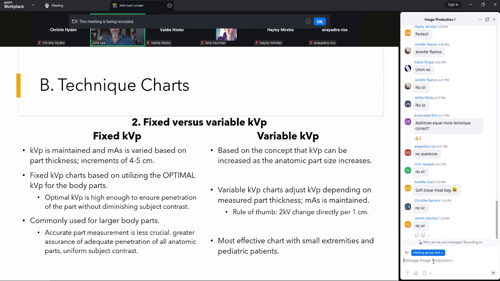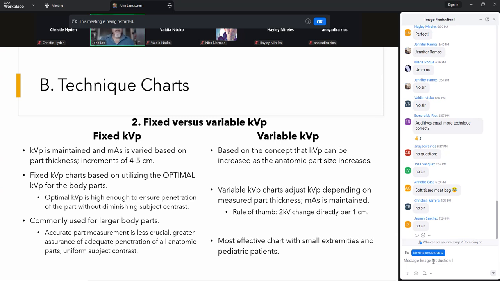This is great for big body parts, abdomens, chests, pelvis, hips, anything where there's a big variance in the sizes of body parts that we see. Not like a hand. You would not use a fixed kV chart on a hand.